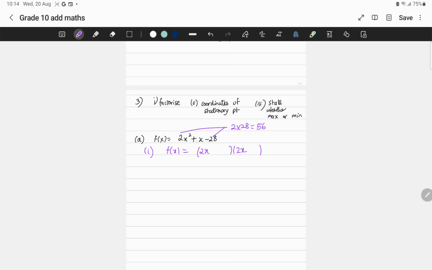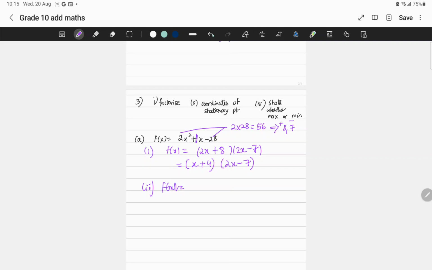Factors of 56 which are going to give me 1 will be 8 and 7. To get 1, I need plus 8, minus 7. And the first bracket, I will divide it by 2, so it will be (x plus 4)(2x minus 7). That's your factorization.